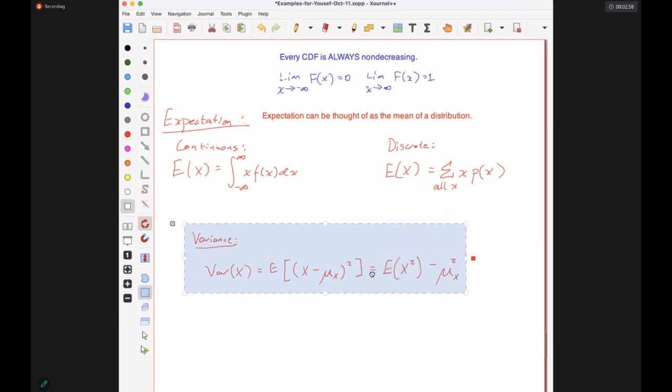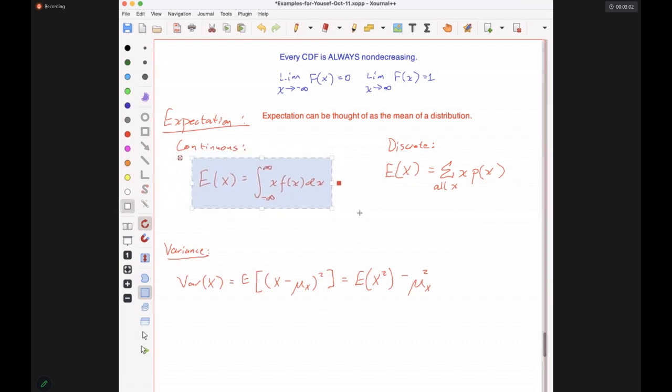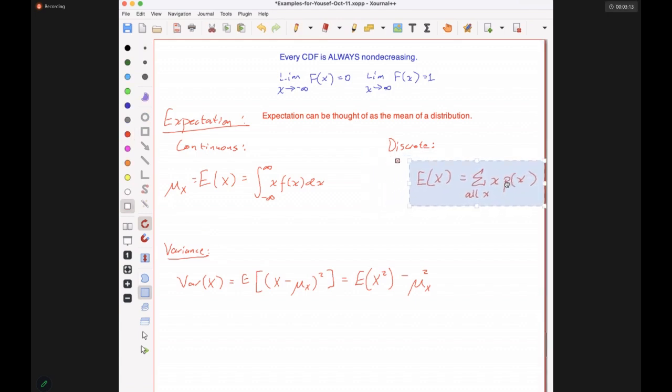And here mu x is a shorthand for the expectation of x, which is in line with our thinking of expectation as being the mean of a distribution.